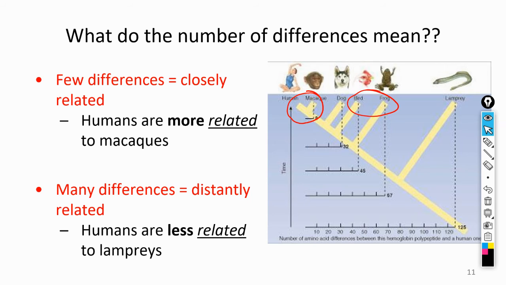So what we do is we take information like biochemical similarities, DNA comparisons, amino acid comparisons, or it could be those homologous structures. We could be comparing structural anatomy, and we group organisms together on these diagrams based on their similarities. So we're going to take a look at a few of these.